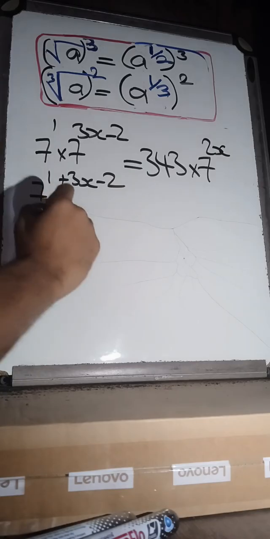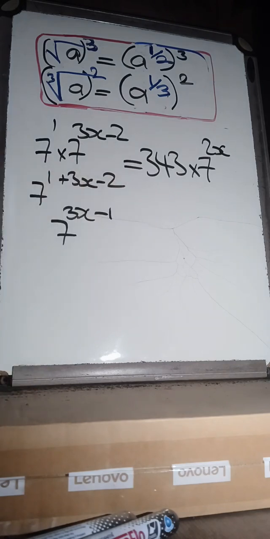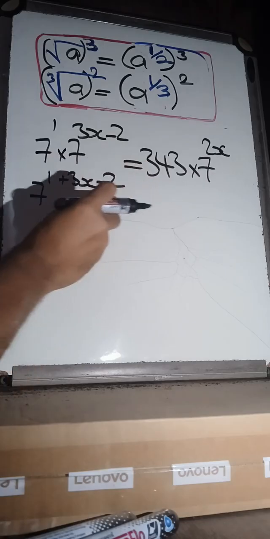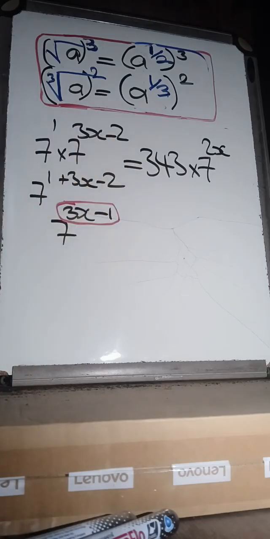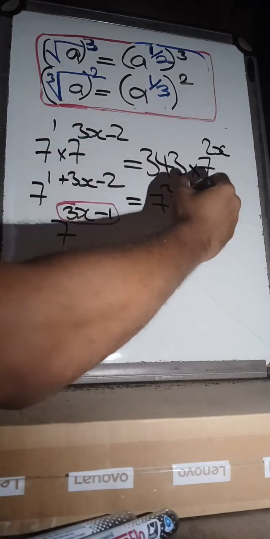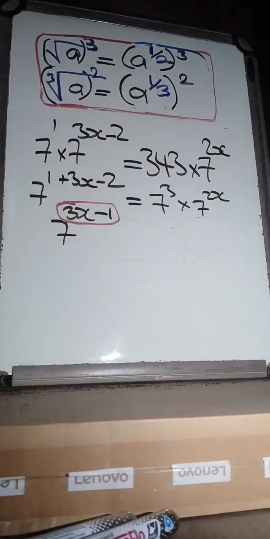We would have 7 to the 3x minus 1, right? Now this is 7 raised to the 3. Obviously that is 2x plus 3.